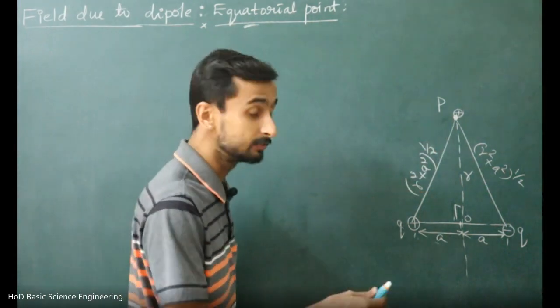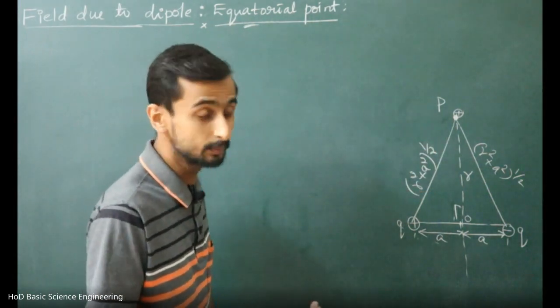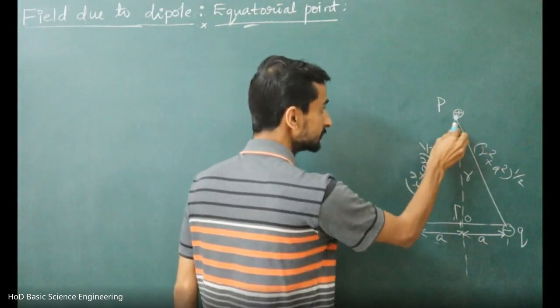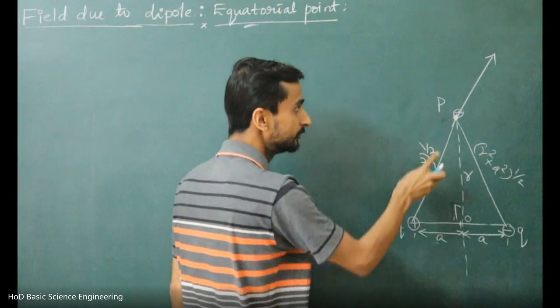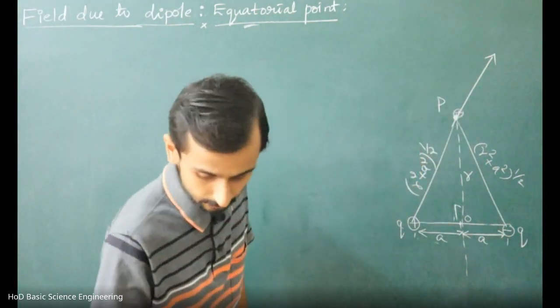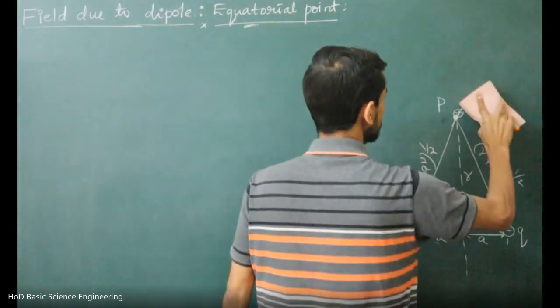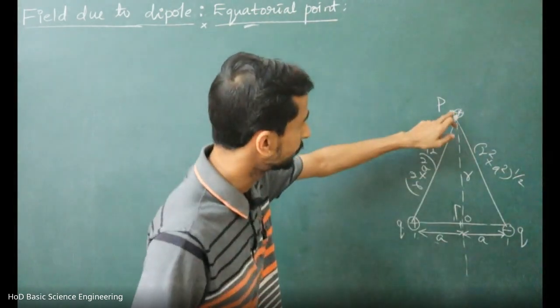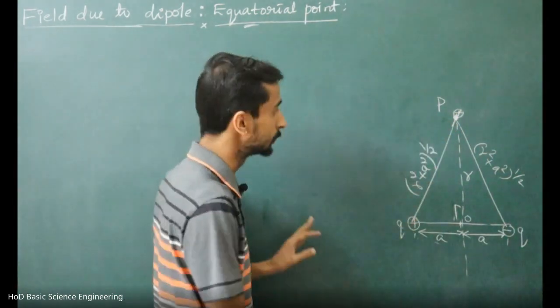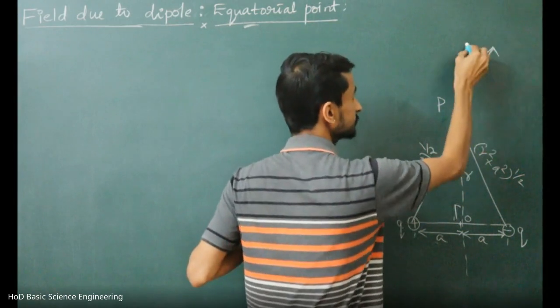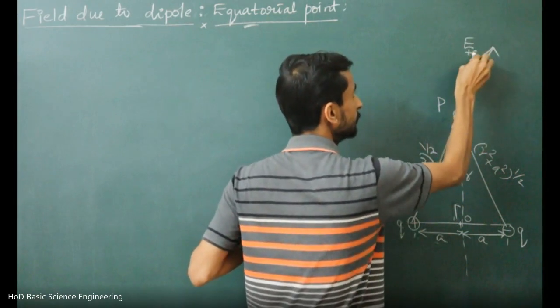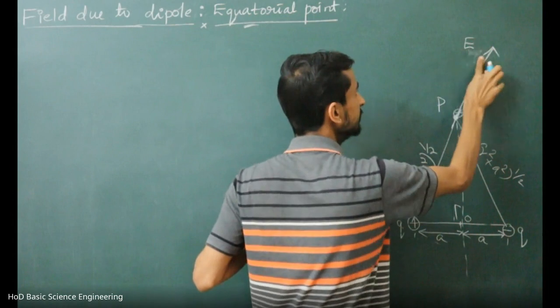In which direction will that force act? The repulsive force will act along this direction. The field at P due to this plus q will act along this particular direction. So this is E plus q.